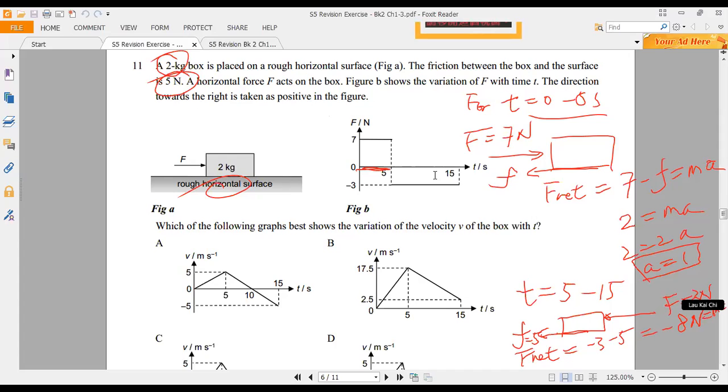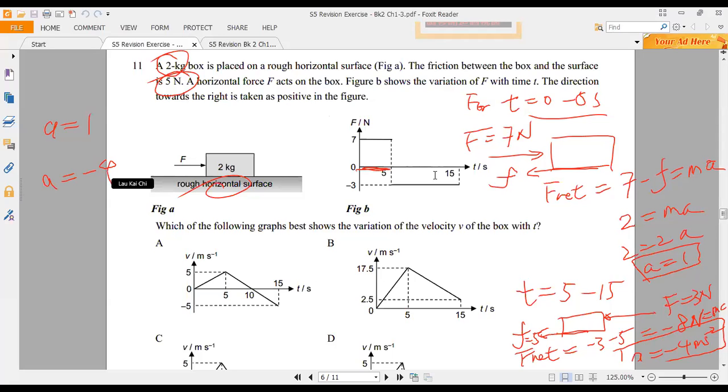So that means A is equal to negative 4 meter per second square. So at the first few seconds, we got A equal to 1, and later on, A equal to negative 4.